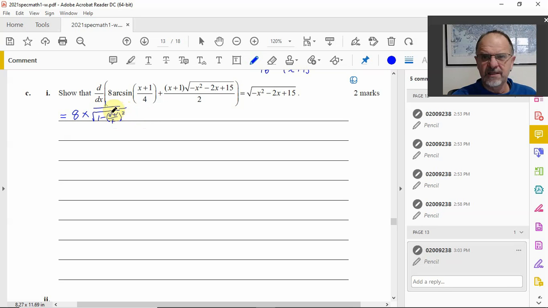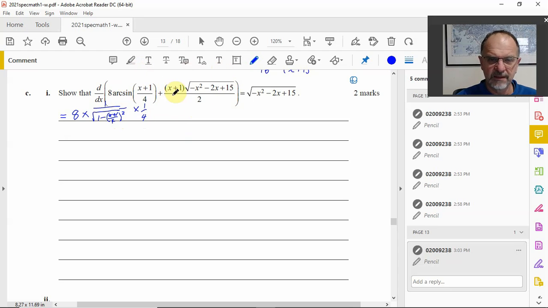Because that's more complicated than just x, we've got to use the chain rule and multiply by the derivative of x plus 1 on 4, which is 1/4. So there's the first one.